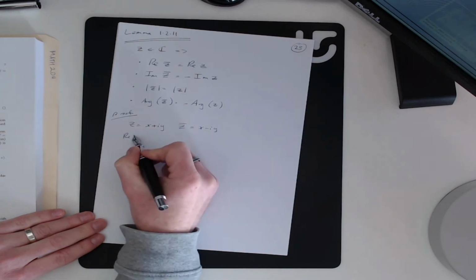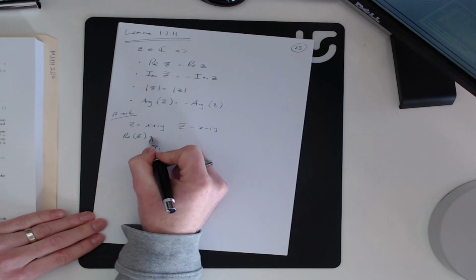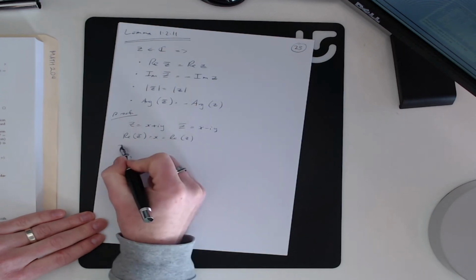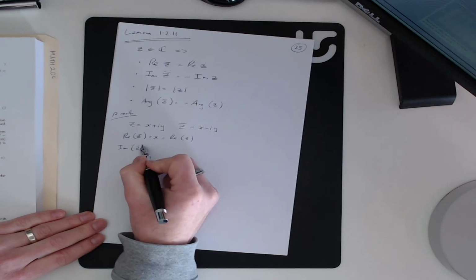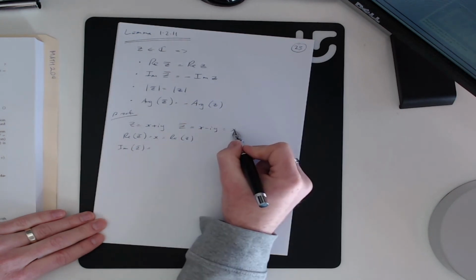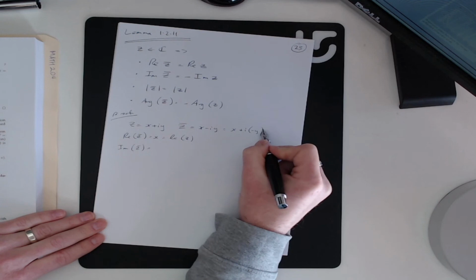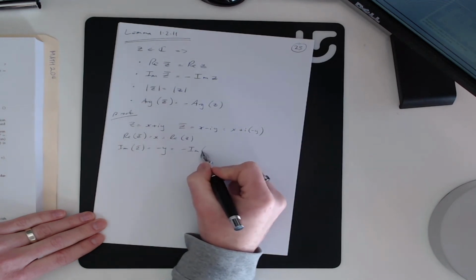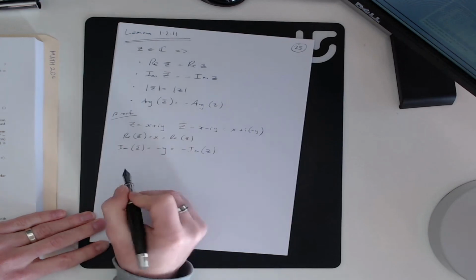So the real part of z bar is equal to x, which is equal to the real part of z. The imaginary part of z bar is equal to plus i times minus y, which is equal to minus the imaginary part of z.